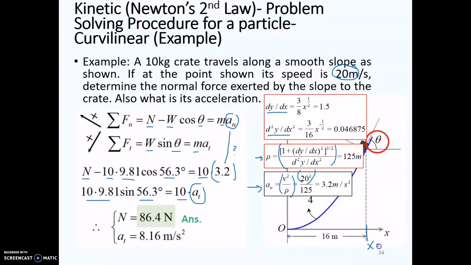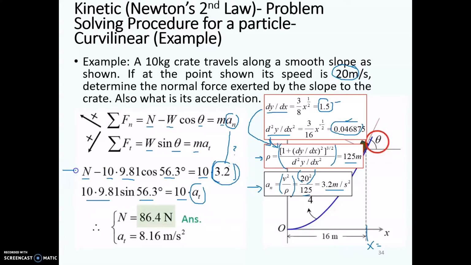Substitute x equal to 16 into these two formulas, then substitute inside the curvature formula, and you obtain rho to be 125. 20 squared divided by 125, you obtain the normal acceleration to be 3.2 here.